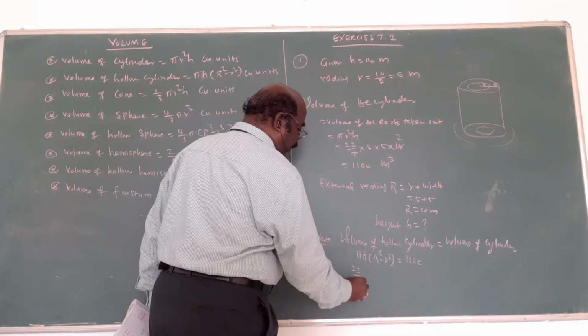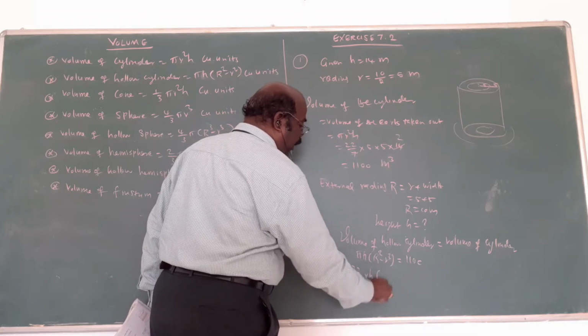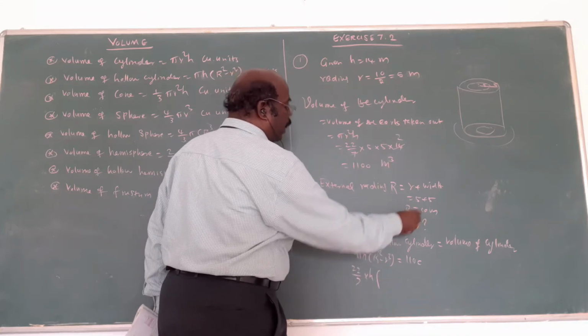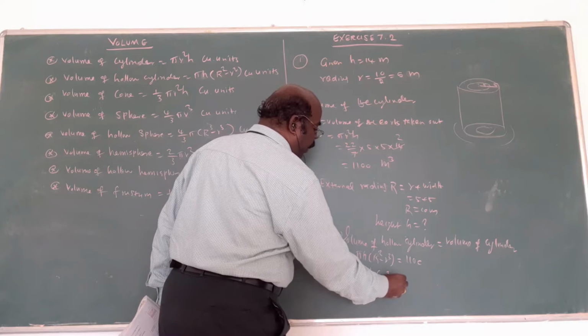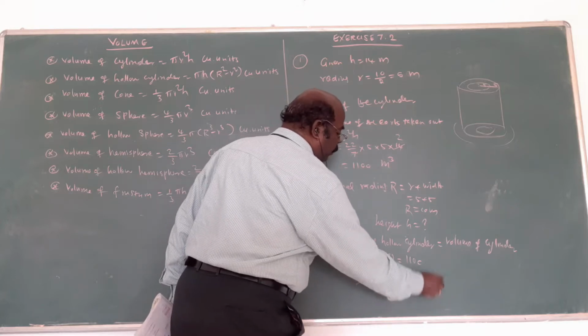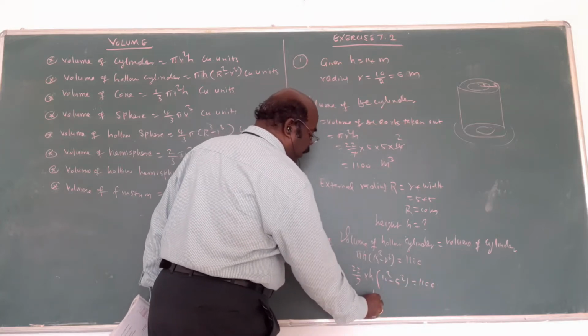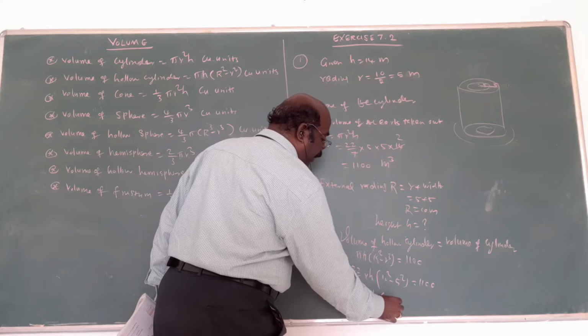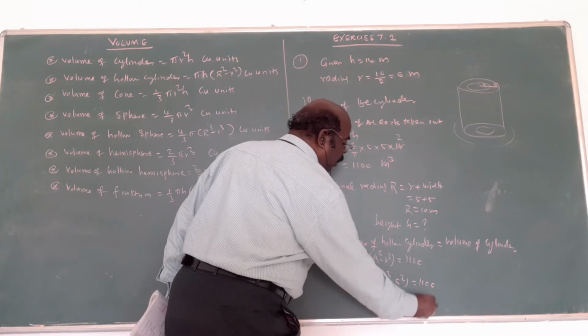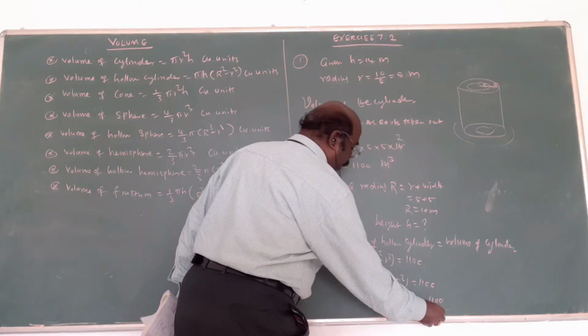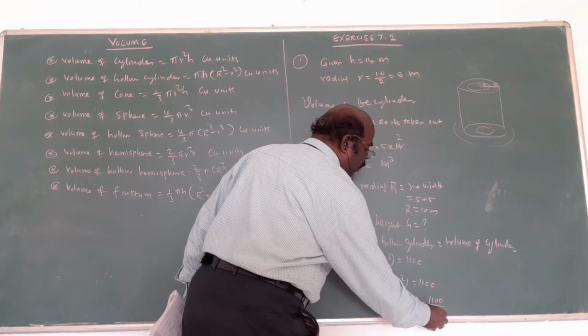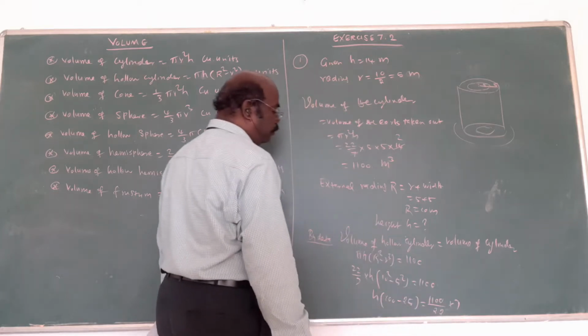The 22 by 7, h is h only. Capital R squared minus small r squared is what? 10 squared minus 5 squared. Okay? h is equal to here 100 minus 25, which is 75, so 1100 divided by 22 by 7 into 75. Okay?